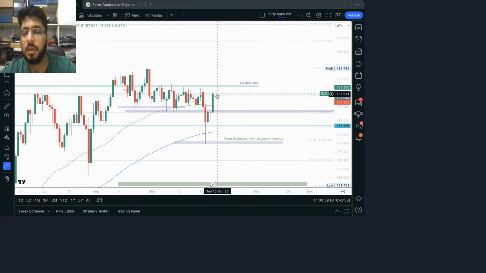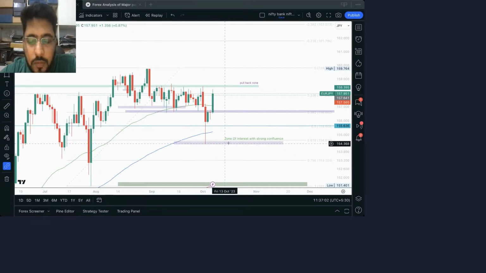So we can see a pullback anytime from here. Either it can go up or it can go downward from this point only. And same with GJ, the next zone for buy will be this, and after that this is also a nice zone of interest.